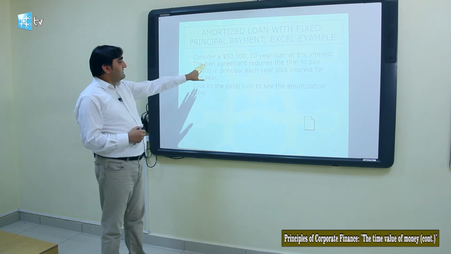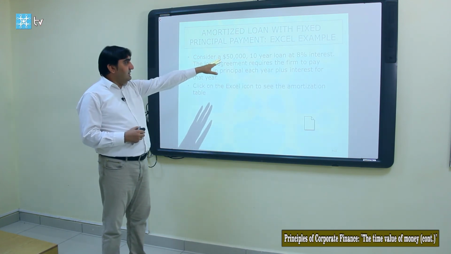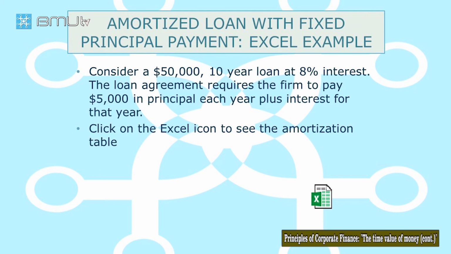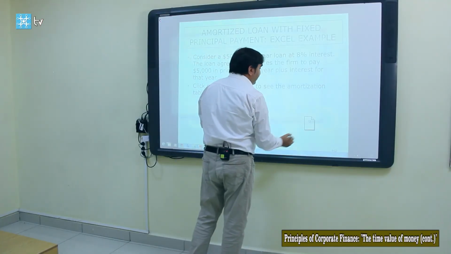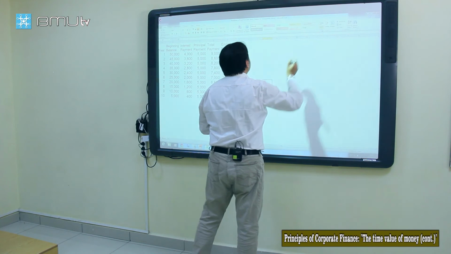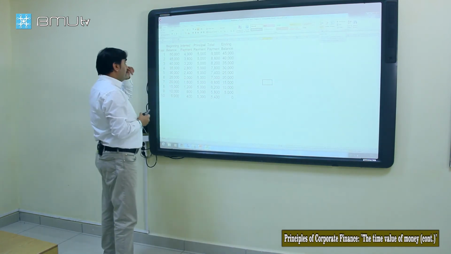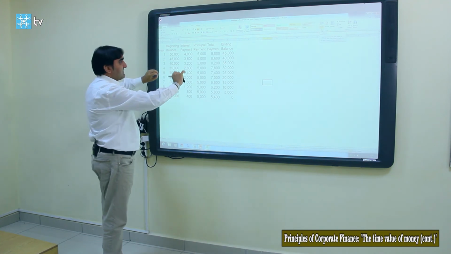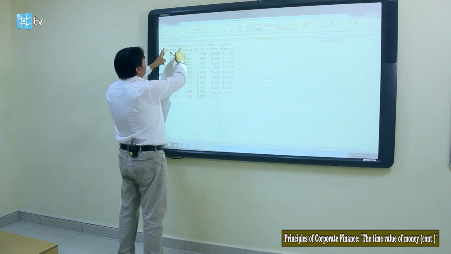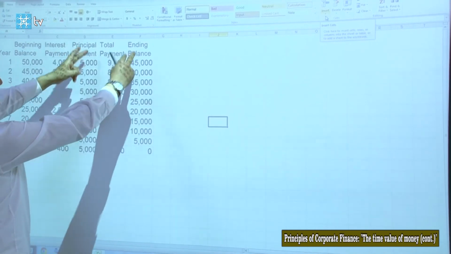Amortized loans. Consider a 50,000 10-year loan at 8% interest. The loan agreement requires the firm to pay 5,000 in principal each year plus interest for that year. So with this condition, we can amortize our loan like this. We may have different schedules, but the best schedule is this one: beginning balance, interest, principal, total, and ending.